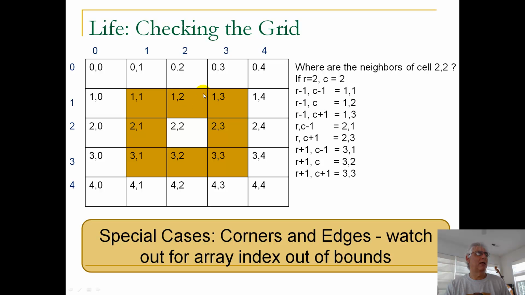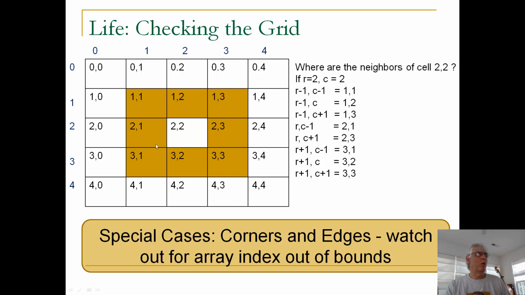That's this cell right here. Next I'm going to check row 1, column 3. So that's row R minus 1, C plus 1, or cell 1, 3. I'm going to move to the next row because none of these other cells are neighbors. I'm not interested in them right now.